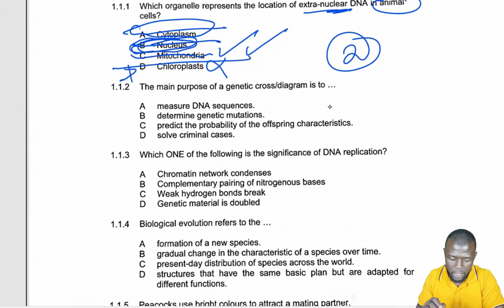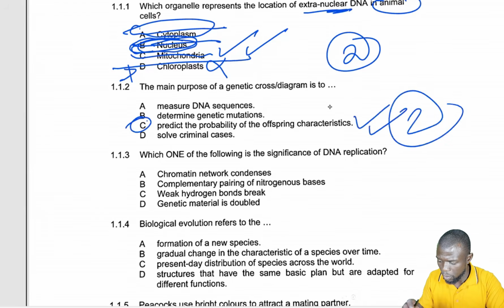If you look at it here, when you do the genetic cross, you find what we call the offspring, so the offspring's characteristics can be obtained. When you do a genetic cross or a genetic diagram, you're able to identify the possibilities of the offspring's characteristics. So the answer becomes C, the most correct answer.